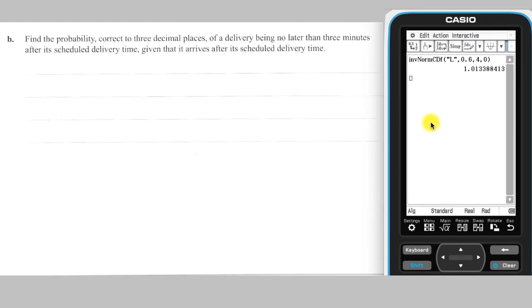Part B. The conditional probability that an article is no more than 3 minutes late, given that it is late, can be calculated as the probability that t is between 0 and 3 divided by the probability that t is greater than 0. The numerator of this fraction can be evaluated using the ClassPad's normal CDF command.